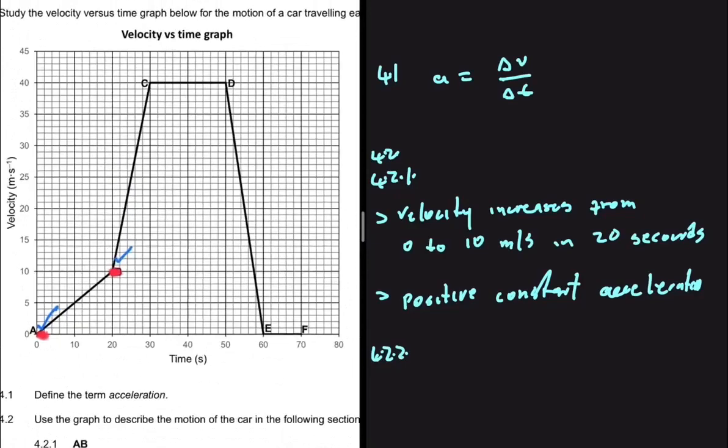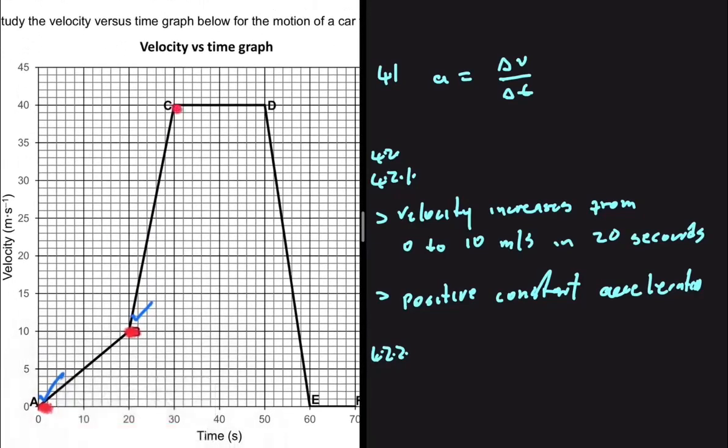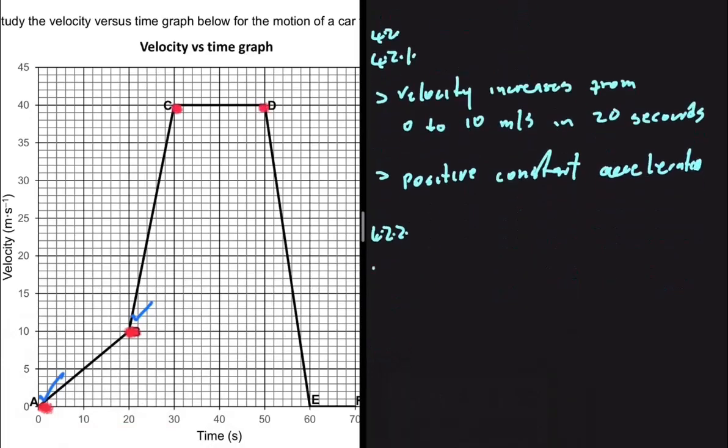4.2.2, with regards to CD. At C, we have a velocity of 40 meters per second. At D, we have a velocity of 40 meters per second. So you can see that the velocity is not changing. With regards to the velocity, we can say that it remains constant. There is no increase or decrease in the velocity in that section.